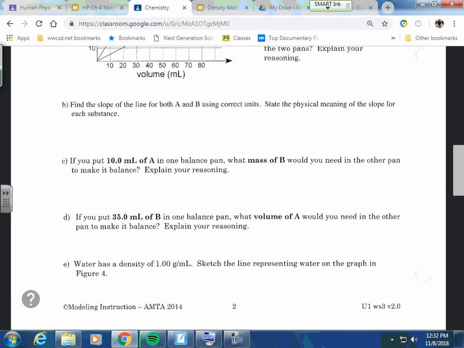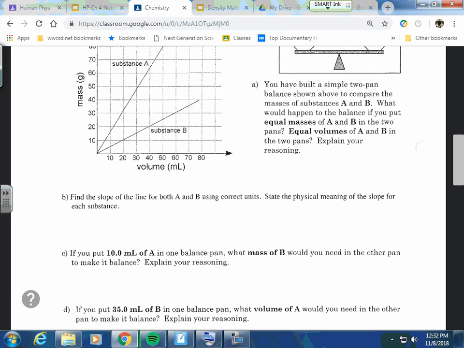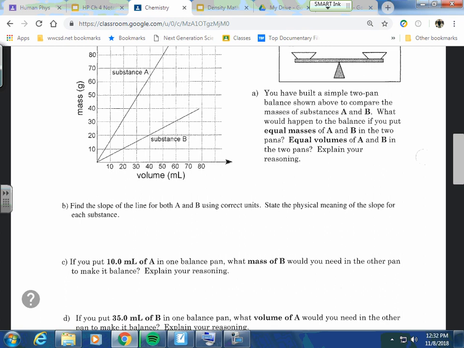If you put 10 milliliters of A in one balance pan, what mass of B would you need in the other pan? If I put 10 milliliters of A, what would be the mass of 10 milliliters of A? Here's 10 milliliters. Go up to the A graph. It's right here. What is that? 15 would be right in the middle. Looks like a little more, like maybe 17 grams.